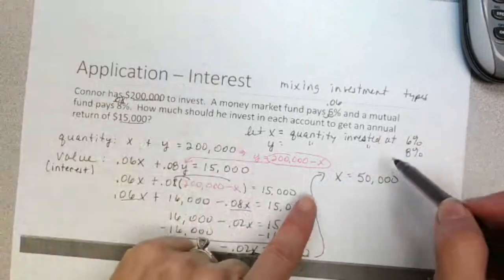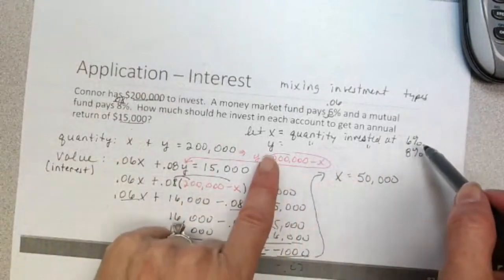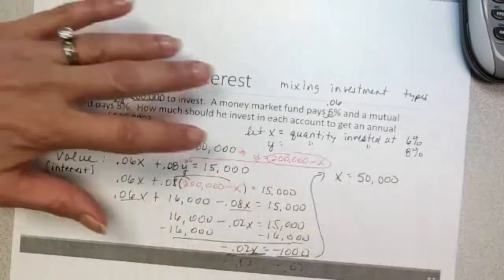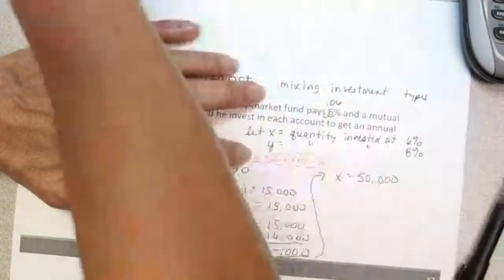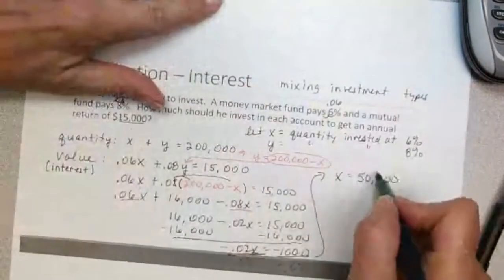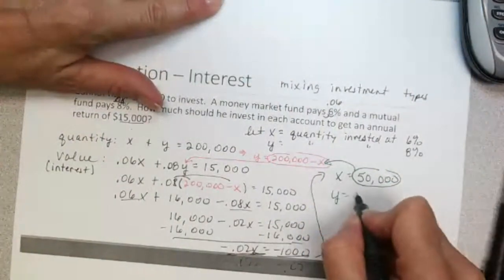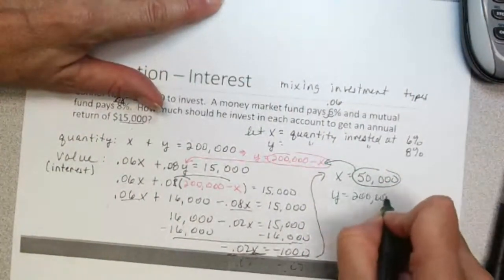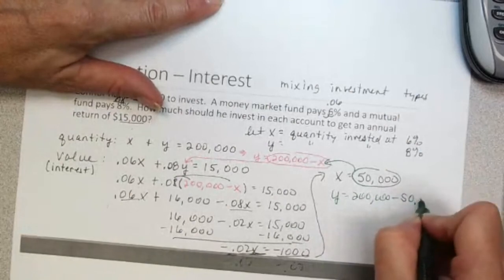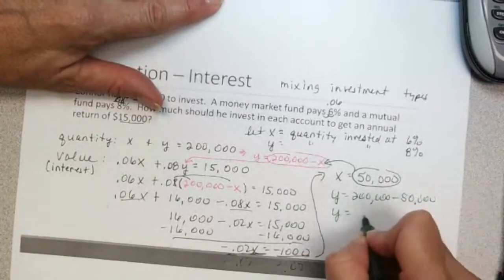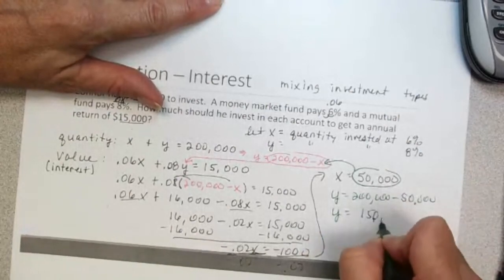Okay, so we're investing 50,000 at 6%. How much are we investing at 8%? Well, y is 200,000 minus x, right? So let's just substitute the value for x in here. Y then is 200,000 minus the 50,000, or 150,000.